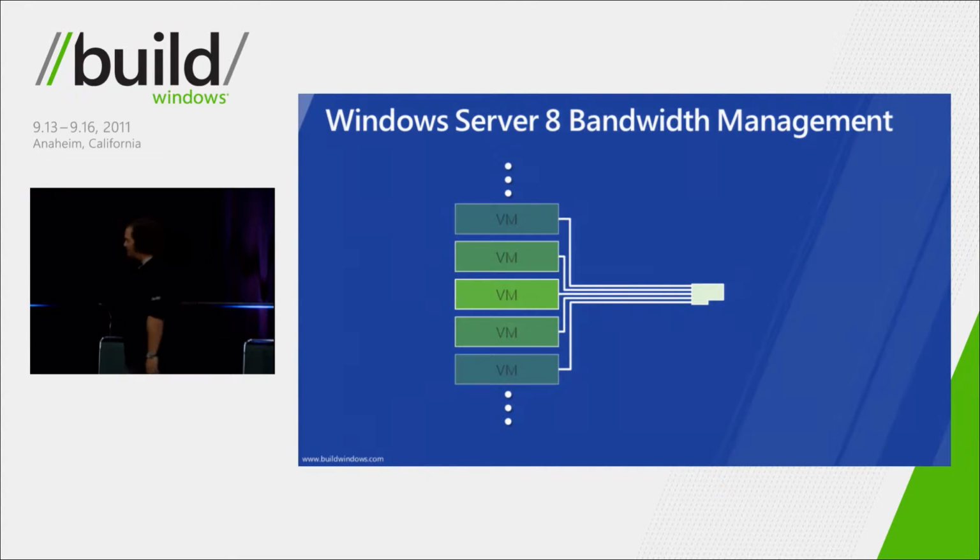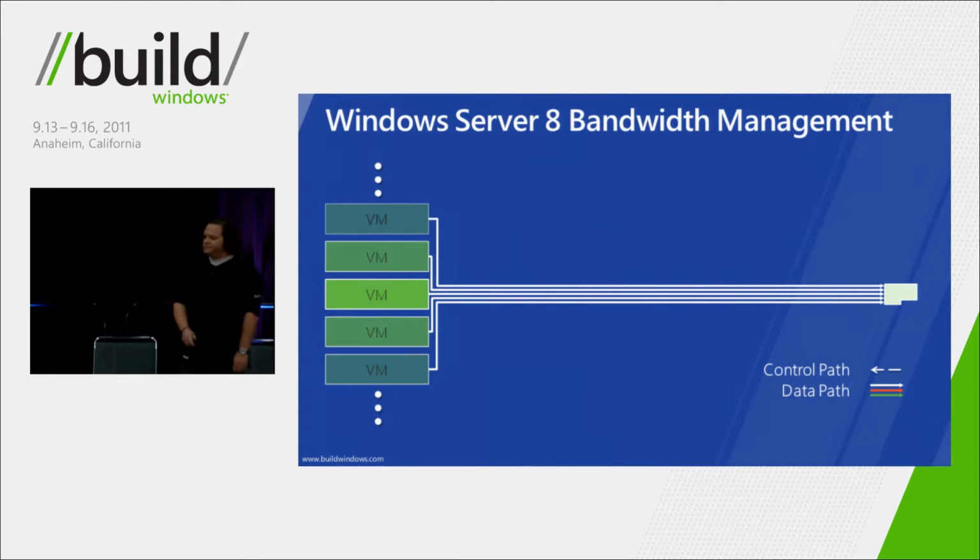So now I'd like to talk a little bit about how this works under the covers. So this is the original diagram turned on its side. We have this Wild West where we have a bunch of VMs attempting to talk through one network adapter. So we know a few things about the network adapter being the OS. The network adapter reports its link speed. But another thing it does is it tells us when it's sent a packet.